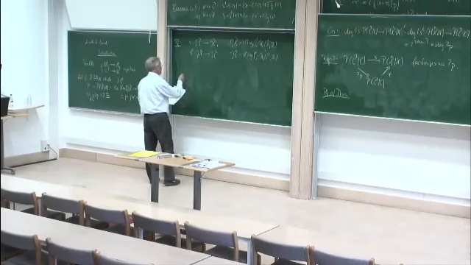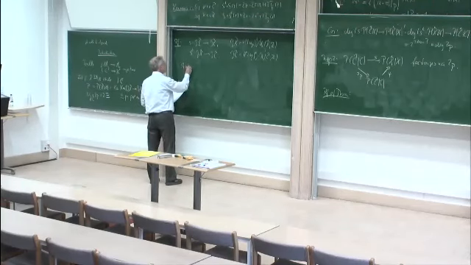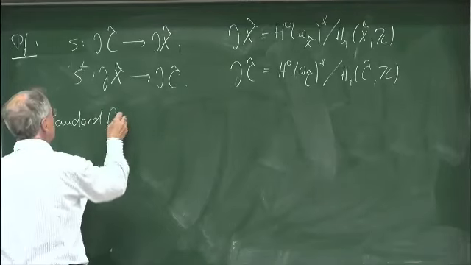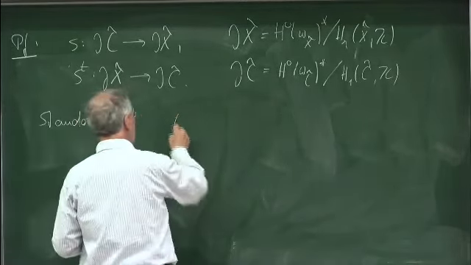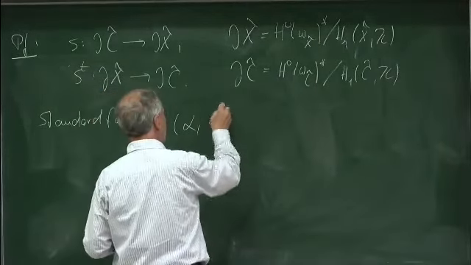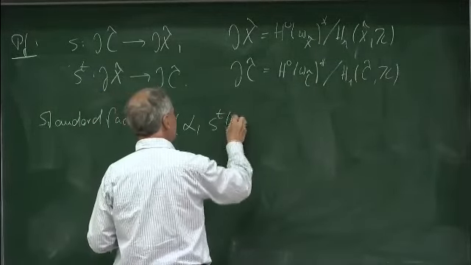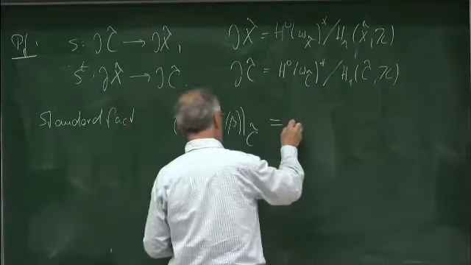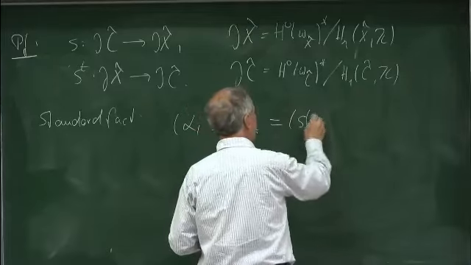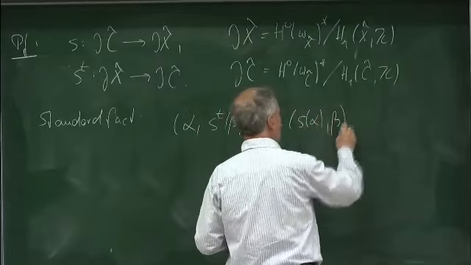Okay, then we use the following standard fact. Namely, if you take the intersection product on C tilde, then this is the same as S of alpha, beta on X tilde.